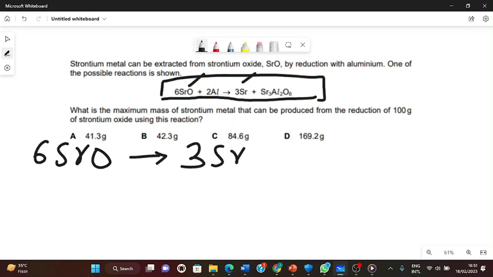So we look at the mass of 6 moles of strontium oxide. The relative atomic mass of strontium is 88.